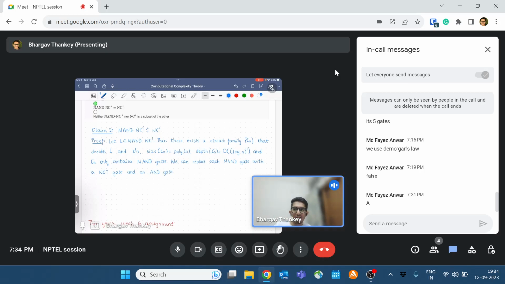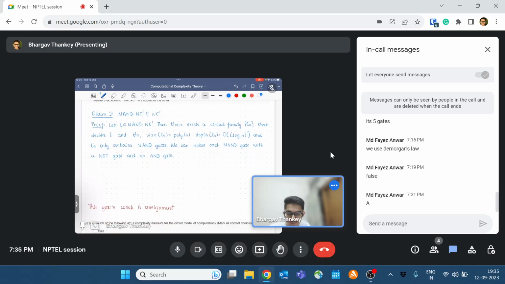Because NAND is the negation of AND. So if I have a NAND gate that takes in inputs F and G, I can replace that by an AND gate that takes input F and G, and then feed the output of that AND gate into a NOT gate. That would compute the same function as the NAND gate. Is this fine?